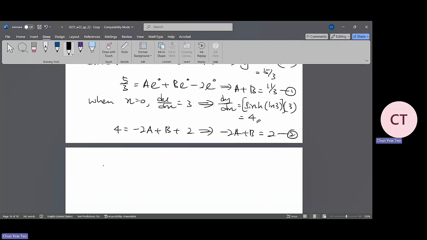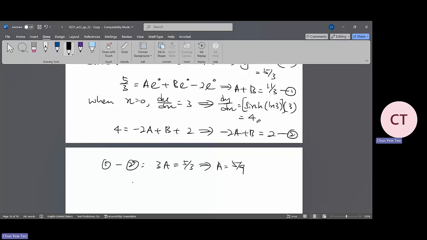Just take equation 1 minus equation 2. You will get 3A is equal to 5 over 3. That will give you A is 5 over 9.